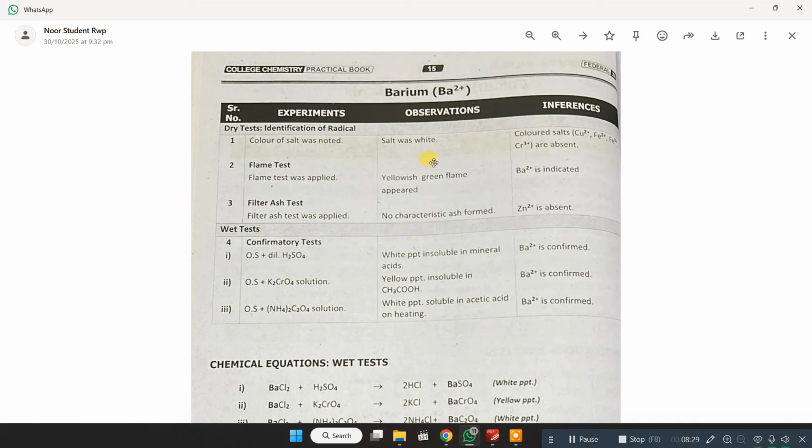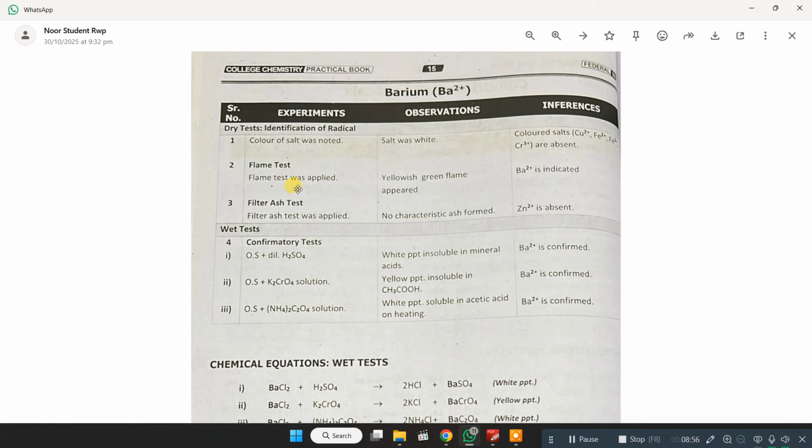Note that it is white, so we can guess colored salts are absent, but it could be calcium or barium, because in the previous case of calcium we also noted white and made the inference that colored salts are absent. The same inference holds for the barium salt, because the salt color is white.